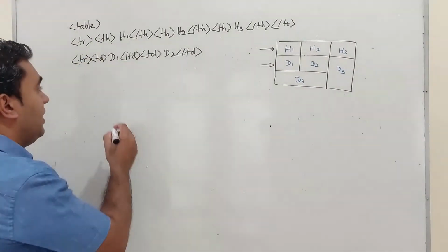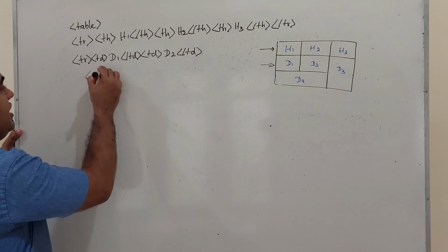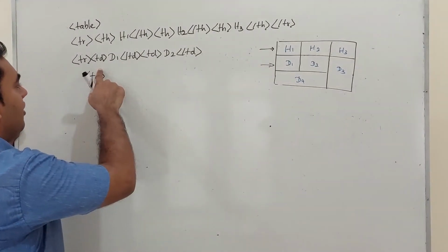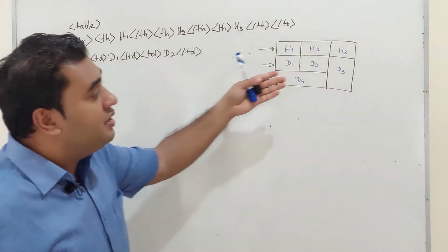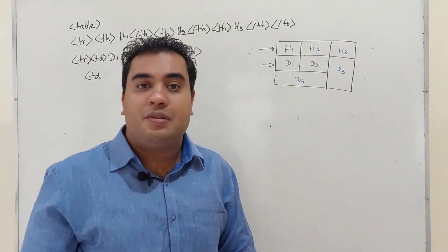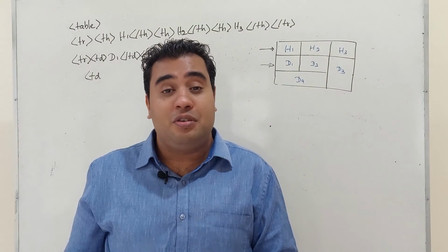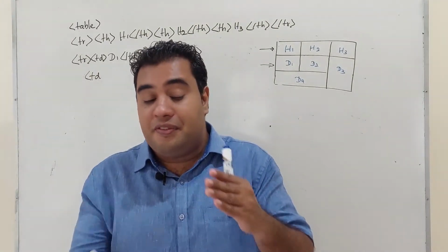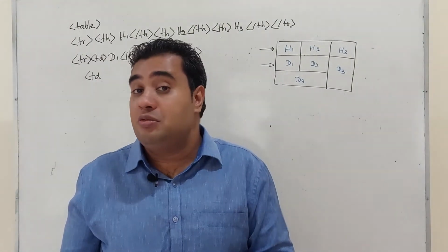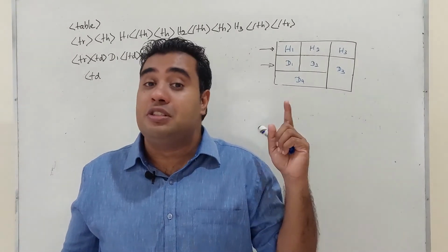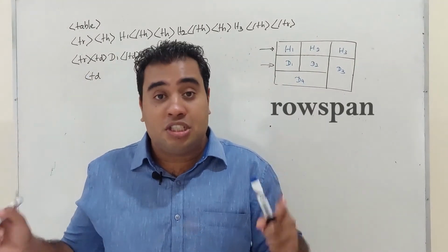I'll move on to the next line. td. Then we have to say that it has spanned over two rows. For that, if it has spanned over two or more rows, we use the attribute rowspan.